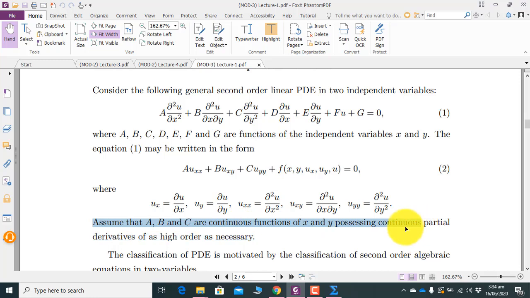But which partial derivatives are necessary for your calculations? Basically, in the literature or in the theory, A, B, C, D, E, F, G are continuous and have first and second order derivatives that are also continuous.